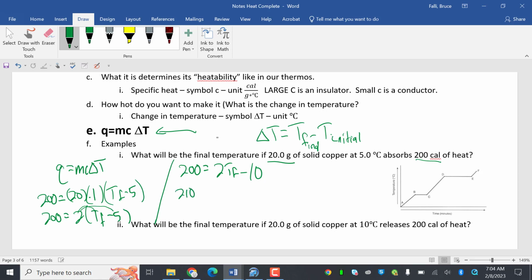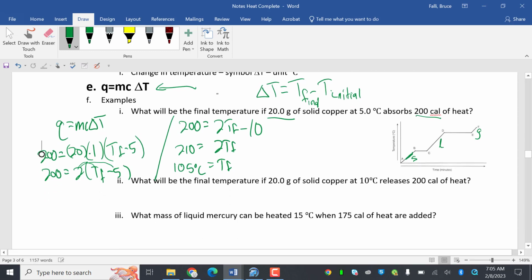So 210 equals 2 T sub F. T sub F equals 210 divided by 2, 105 degrees Celsius. And all I did is travel along the change in temperature line. Again, solid, liquid, gas.